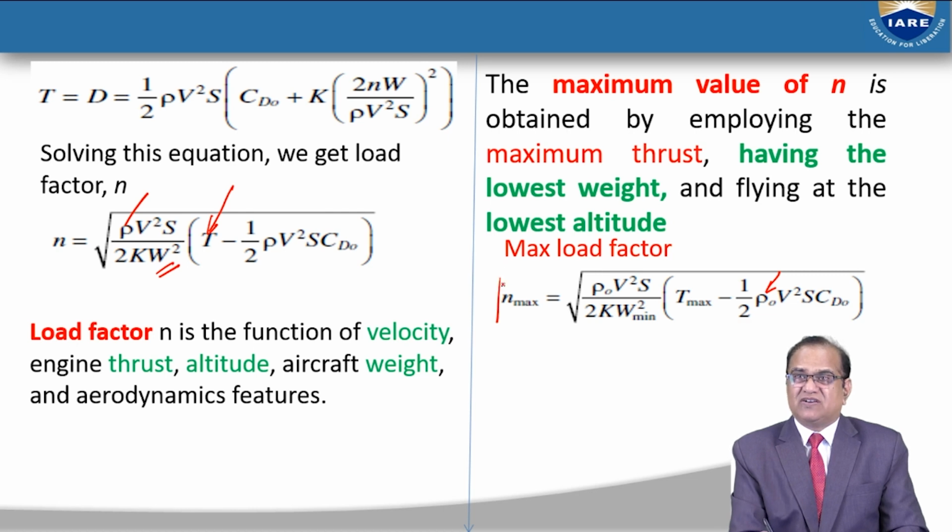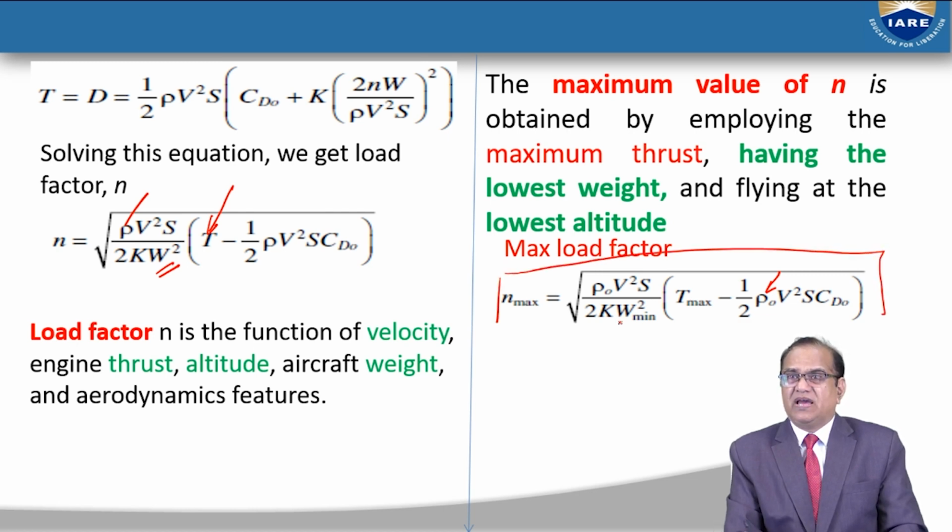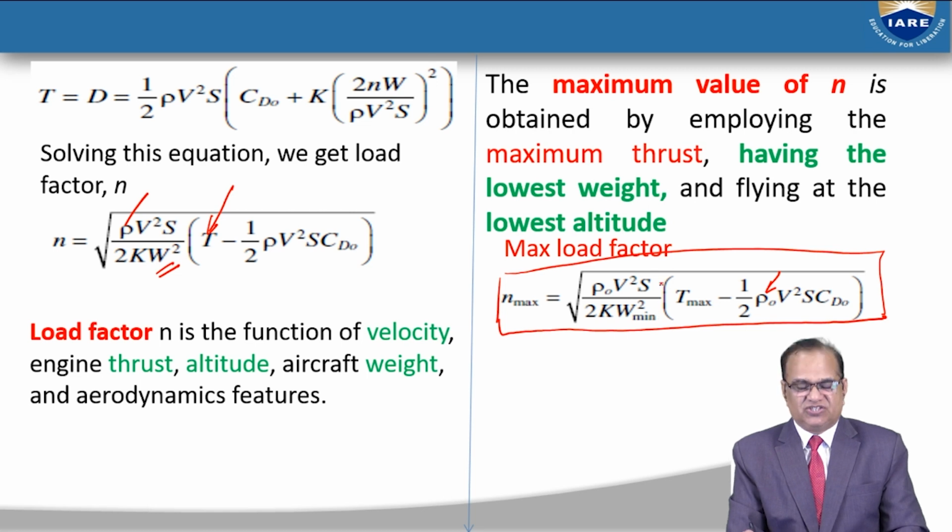So this is the equation for maximum load factor. It depends upon the minimum weight, thrust, and velocity. All these parameters will make the aircraft generate the maximum load factor.